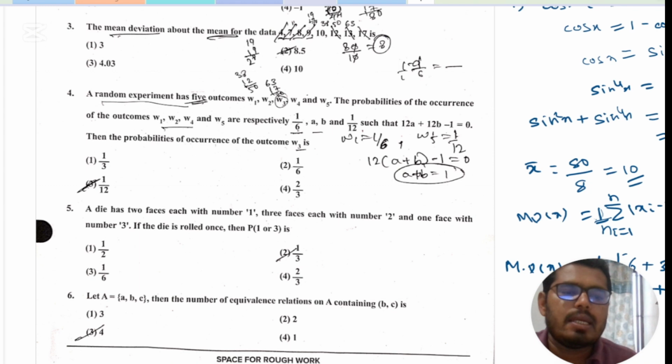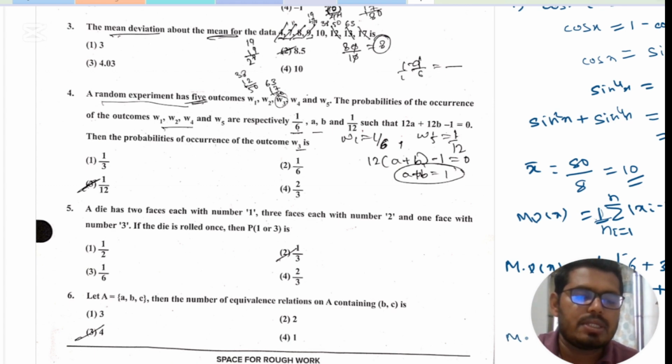Plus 3 plus 7. Then if you take all the sum here, 6 plus 3 is 9, 9 plus 2 is 11, 11 plus 1 is 12, 12 plus 2 is 14, 14 plus 3 is 17, 17 plus 7 is 24. 24 divided by 8: 8 times 3 is 24.